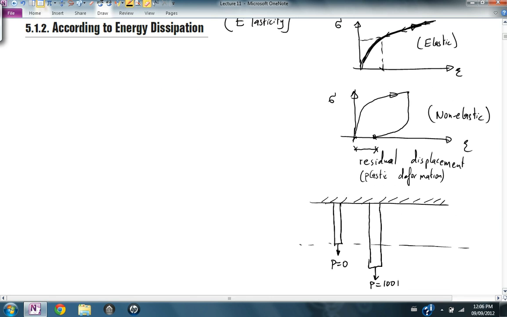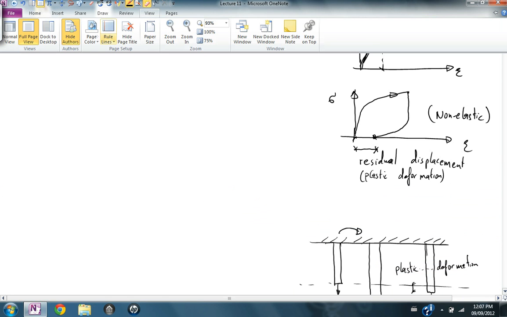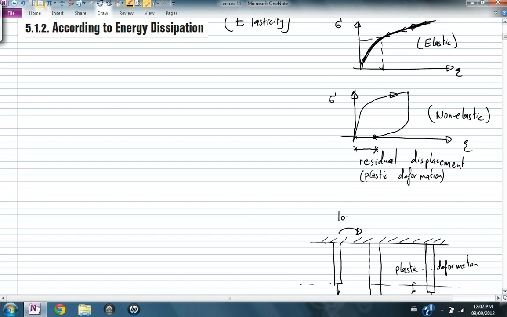For example, the force is equal to 100 Newton, and then slowly you release the force, and as you release the force, when P is equal to 0, you have some residual or plastic deformation. This is loading. And this is unloading of the material.